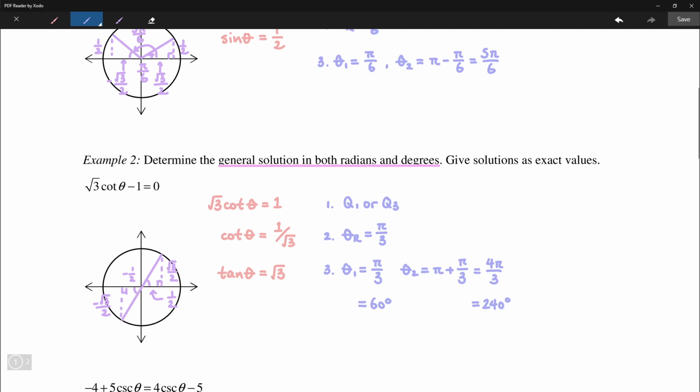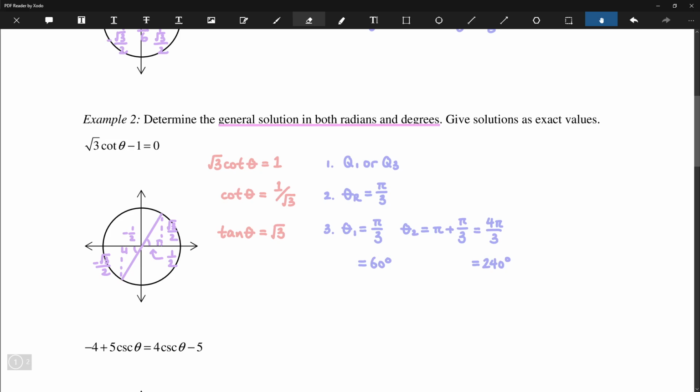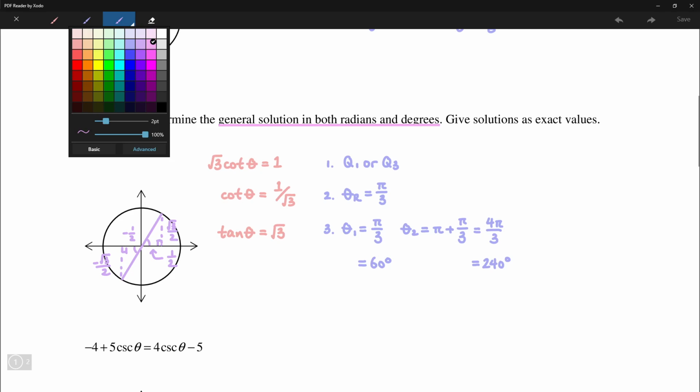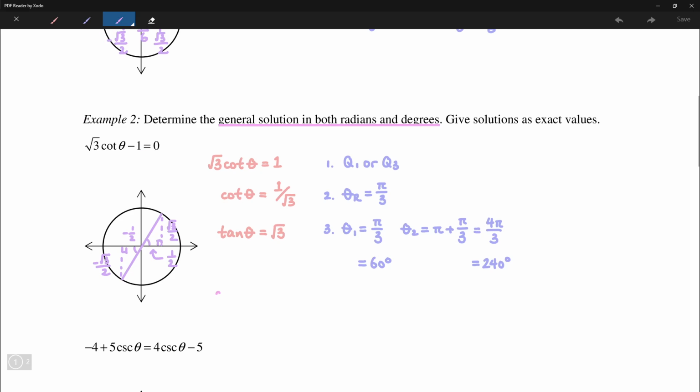So notice that the first answer is pi over 3. The second answer is the same pi over 3 but added pi.